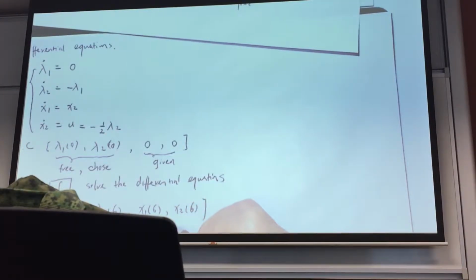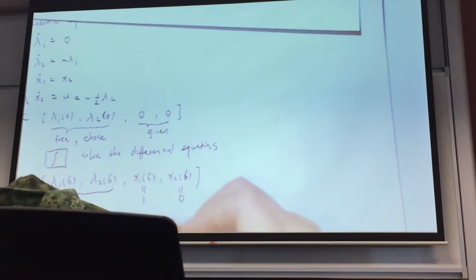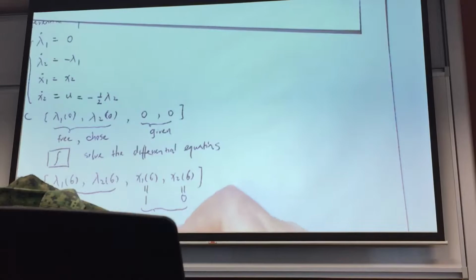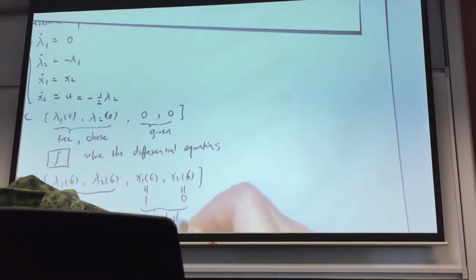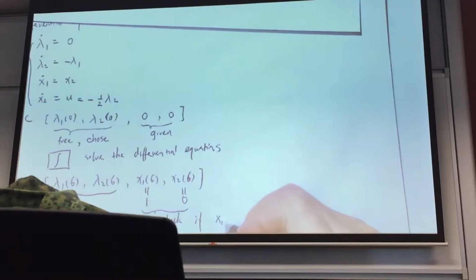However, for the other two, we know x1(6) must be equal to 1 and x2(6) must be equal to 0. So we can use these two quantities to check if x1(6) and x2(6) meet the final condition.